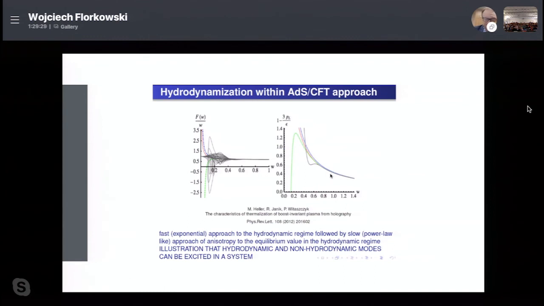I attended a workshop on new developments in hydro last November, and there were many discussions about attractors, and I think they were not completely conclusive, because very little is known about attractors for non-conformal cases, and there is no information about attractors in higher-dimensional systems.